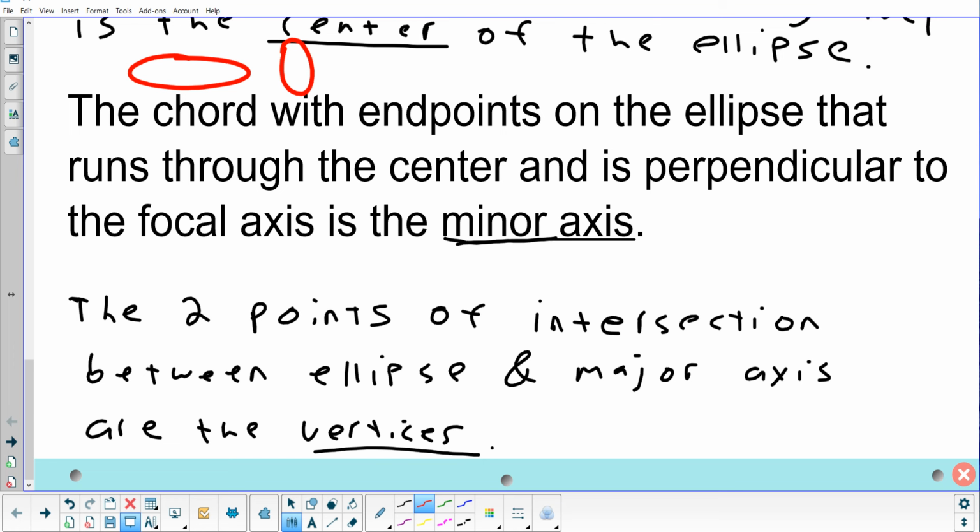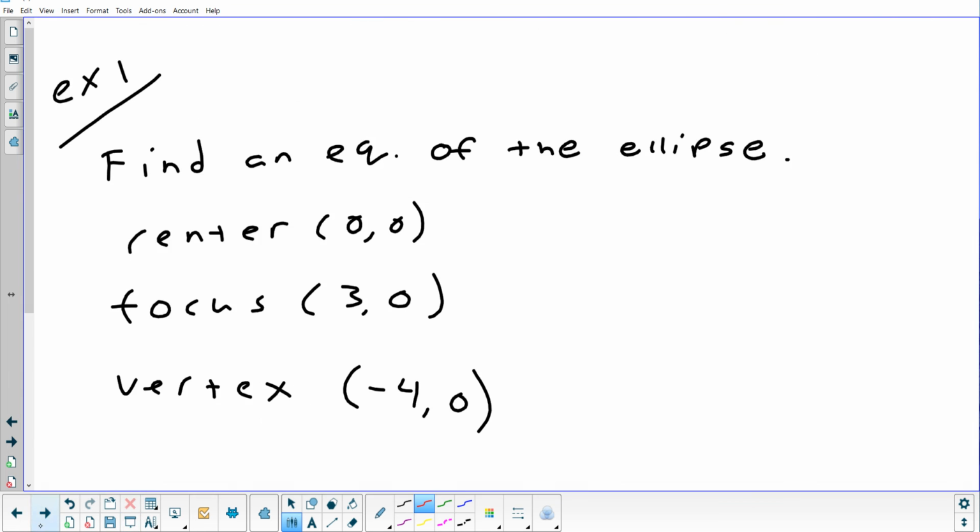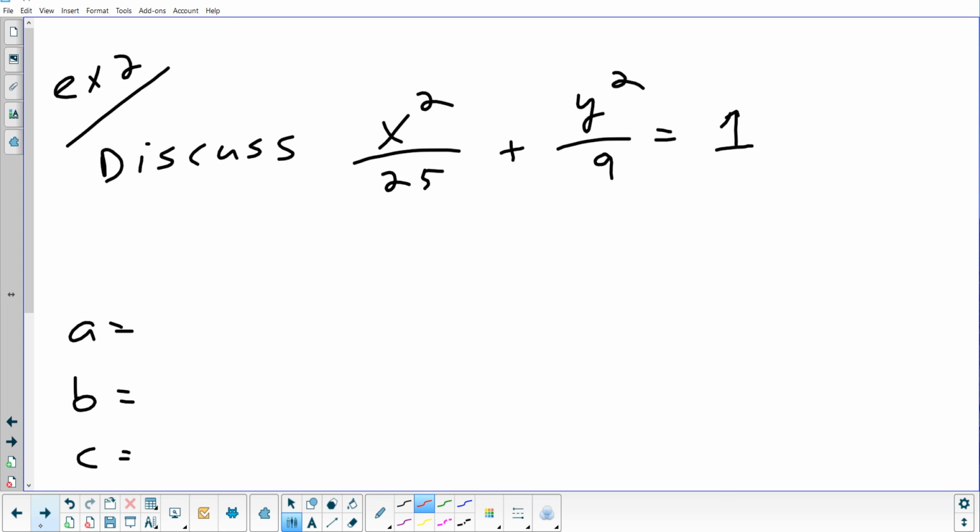Most of those are going to be things we have to describe when you're asked to do something like this. Discuss. So when they want you to discuss an ellipse, you're going to want to describe where are the foci, where are the vertices, which way does the major axis go, horizontal or vertical, and the center. Where is the center?